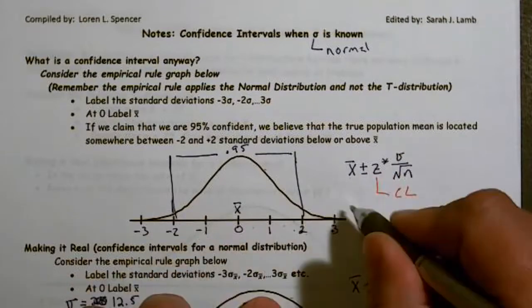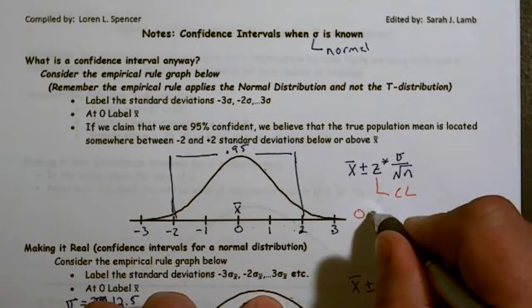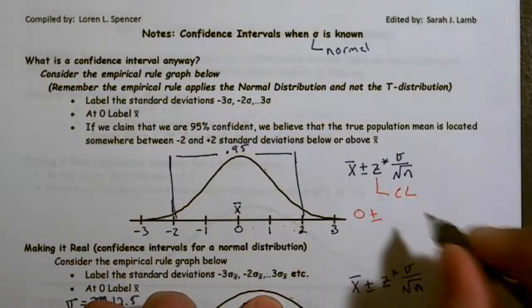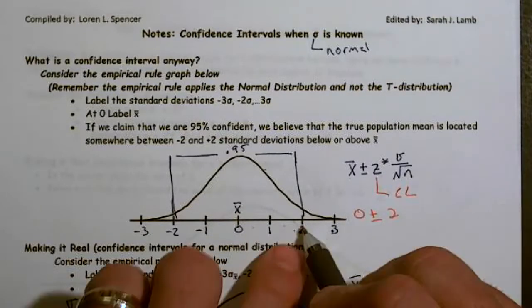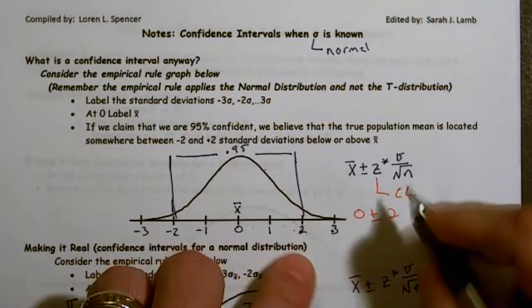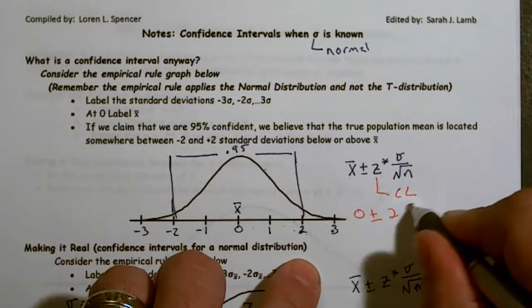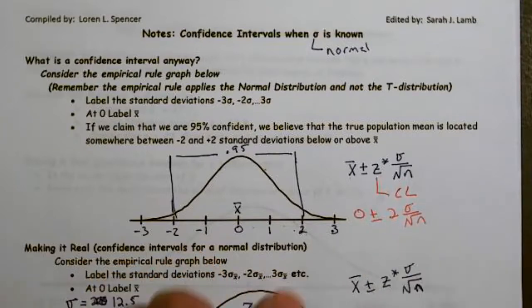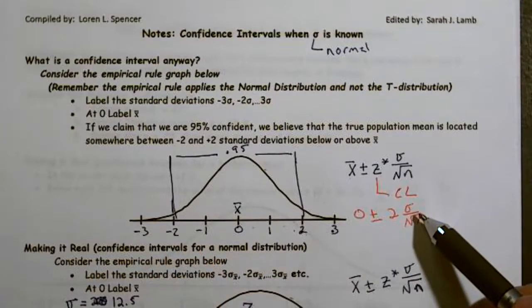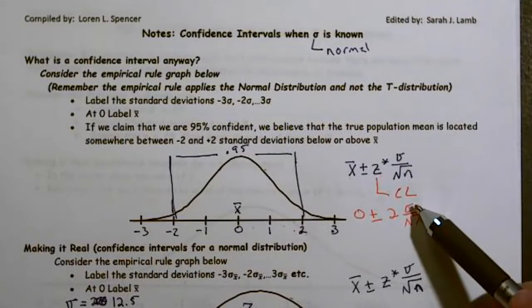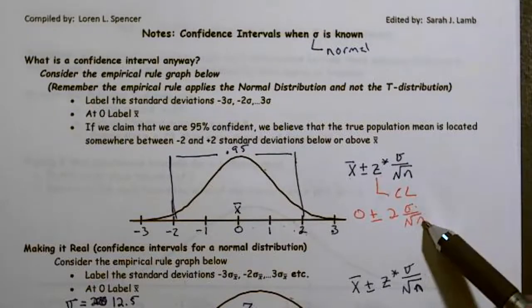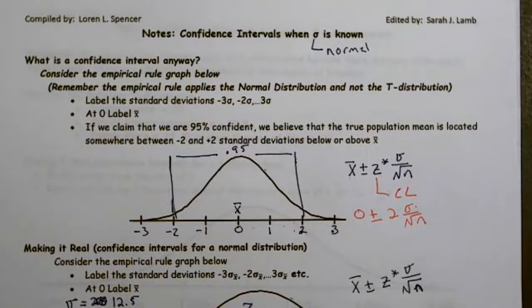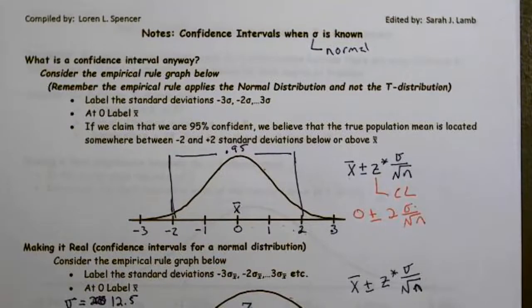But this would essentially be saying 0 plus or minus 2 standard deviations for the 95%, and then sigma divided by the square root of n. In this case, we didn't have an actual population standard deviation, and we didn't have a sample size. So we're going to go ahead in the next part and lay that out using the same formula.